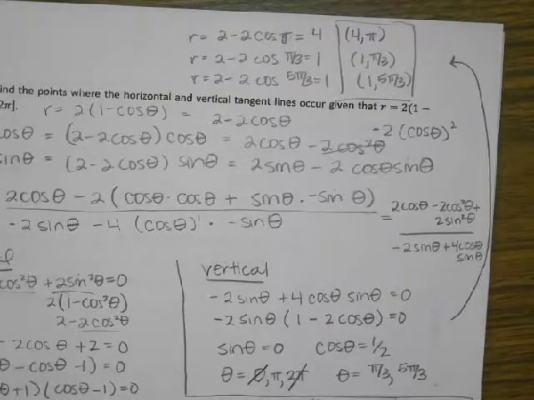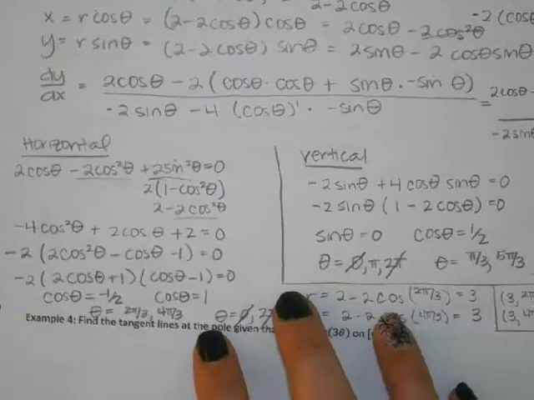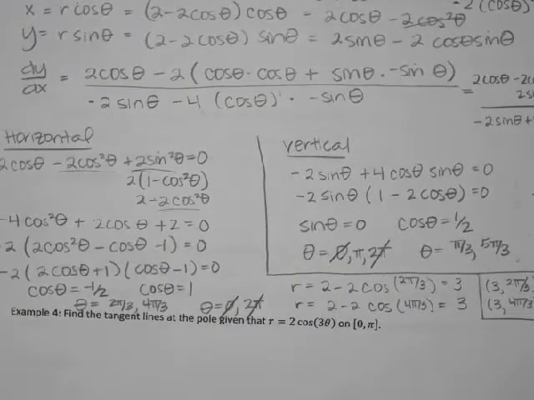Then you clean it up, and the top of the fraction equals 0 for horizontal tangents, and the bottom of the fraction equals 0 for vertical. Then you take those theta values and plug them in to find your r values that correspond to them.